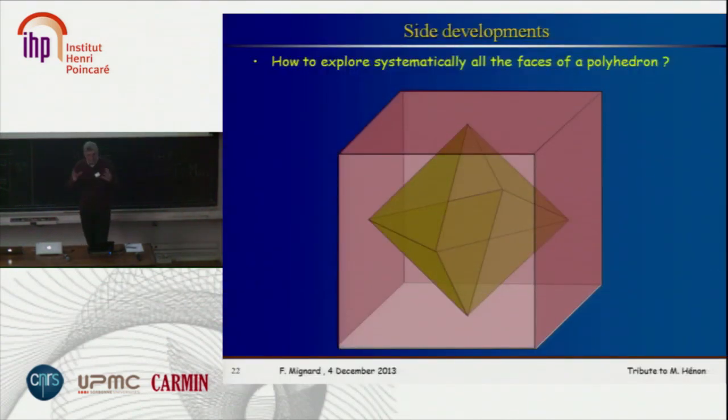So, some side development and further current activity. Something I did more recently, which I'm sure would have pleased Michel. In doing the program, you may imagine I have to explore all the faces. For a cube, it's not too difficult, but since my plan is to do that for the octahedron and the icosahedron, I have to find a systematic way to go from one face to another, to copy what I did in the main face to the others.